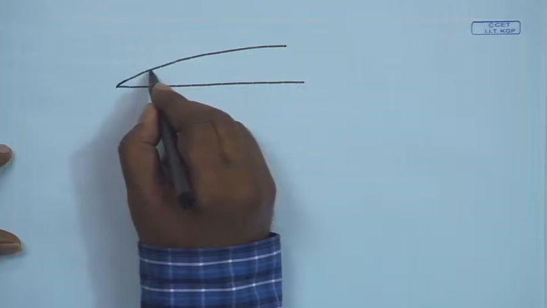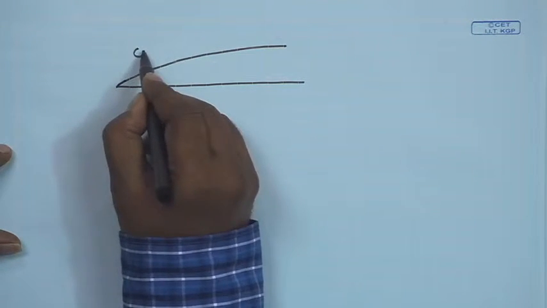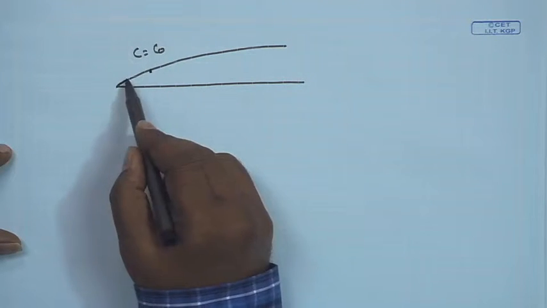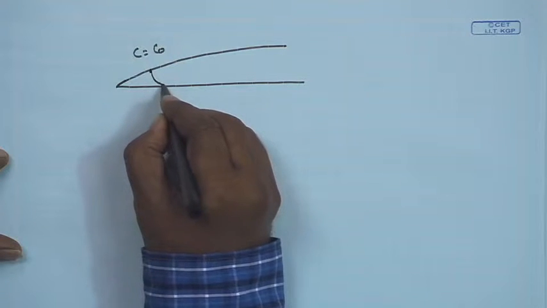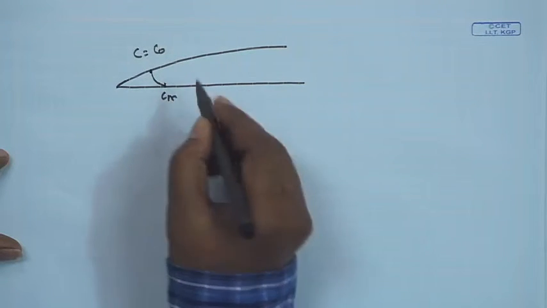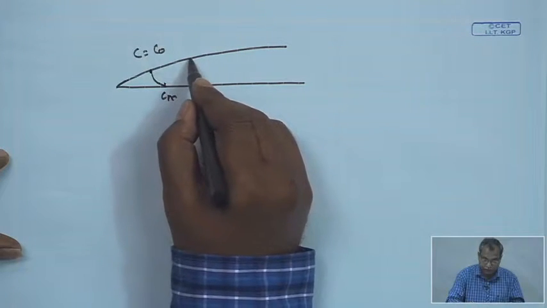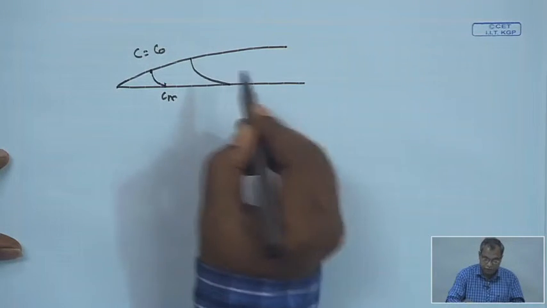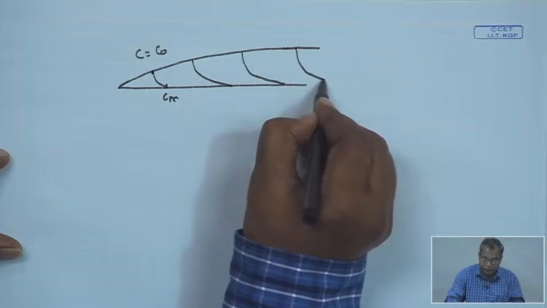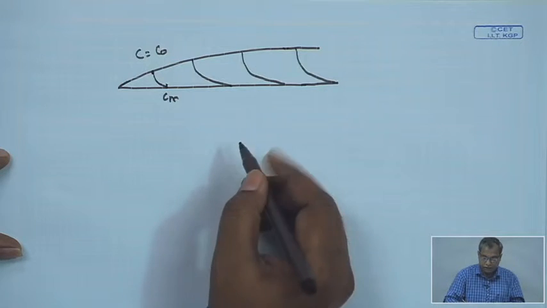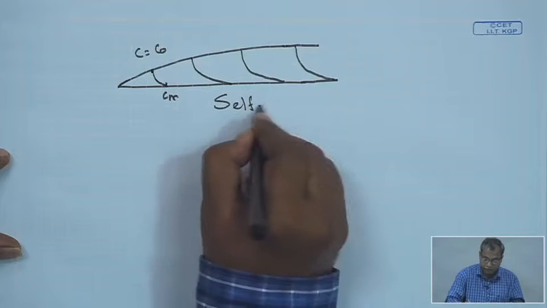Now, if you look into the concentration profile, the concentration assumes C is equal to C naught at the edge of the mass transfer boundary layer, and the concentration is Cm at the membrane surface, and this Cm, the concentration of solute at the membrane surface, will be a function of x. So, at every point you will have a profile something like this, and if you look into the profiles, they are similar in nature, and these profiles are called self similar profiles.